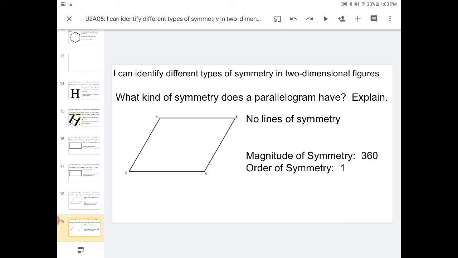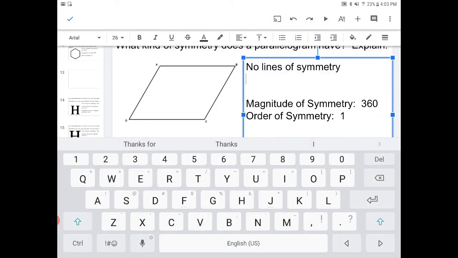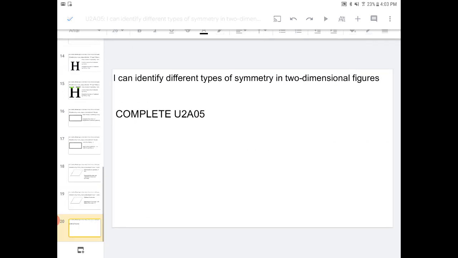However, the rotational symmetry would be not 360 here, so I got that wrong. This should say 180. And then here it should be 2. Okay, and that's it.